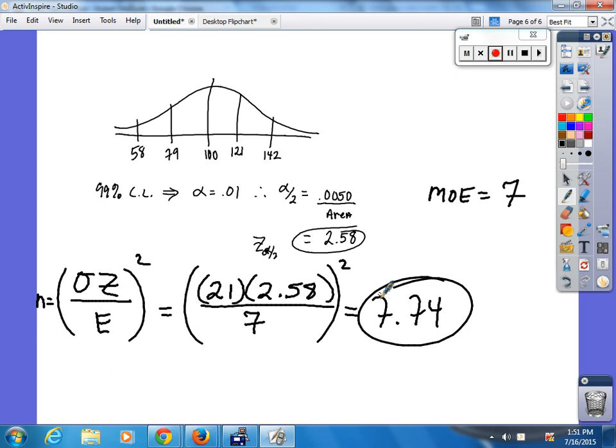So if we have a decimal, what do we have to do? But if we're squaring it, yeah. Okay, I'm sorry, squared, 7 squared would be 49, so what is it? 59. 59 what? 907. So that means how many people? 60. We gotta research 60 people in order to get a 99% confidence interval.